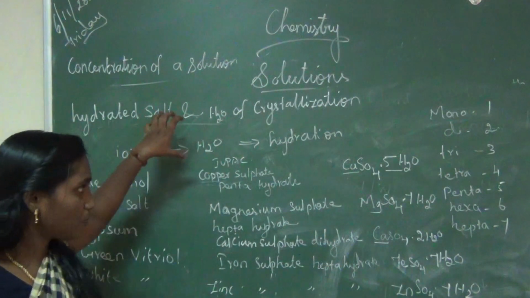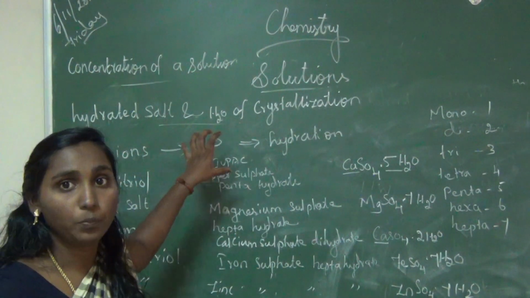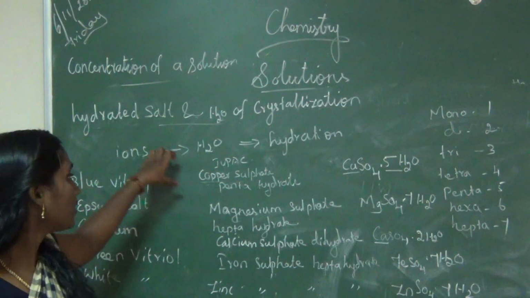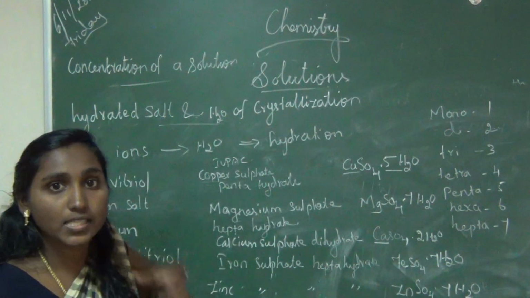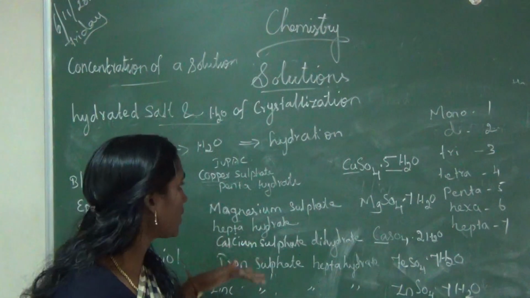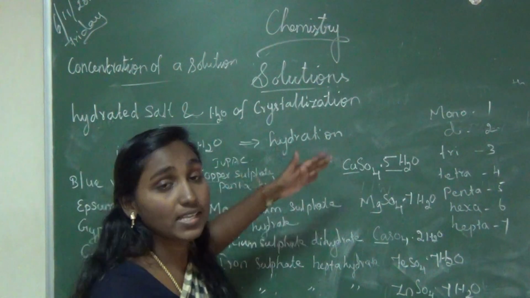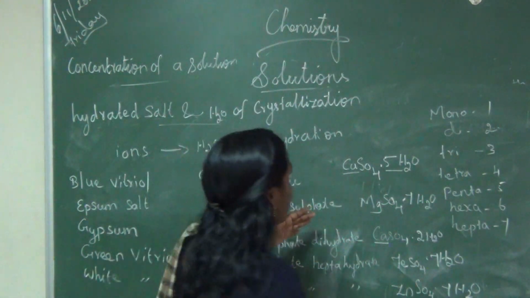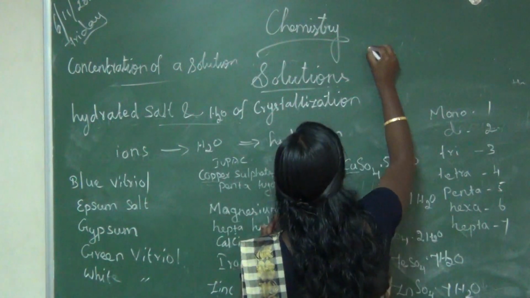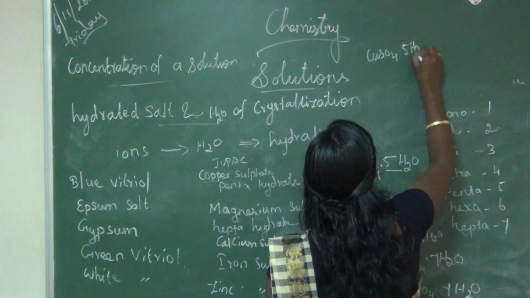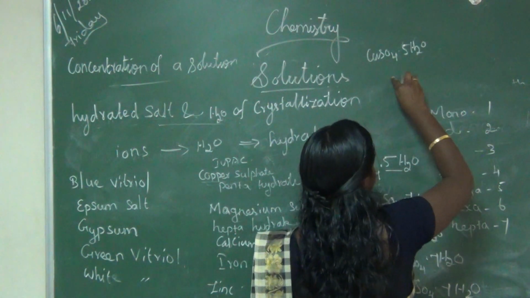This blue vitriol is blue in color. On heating, blue vitriol loses its water molecules, and it will lose its color also. So we can write the equation for blue vitriol. CuSO4 5H2O is copper sulfate pentahydrate.